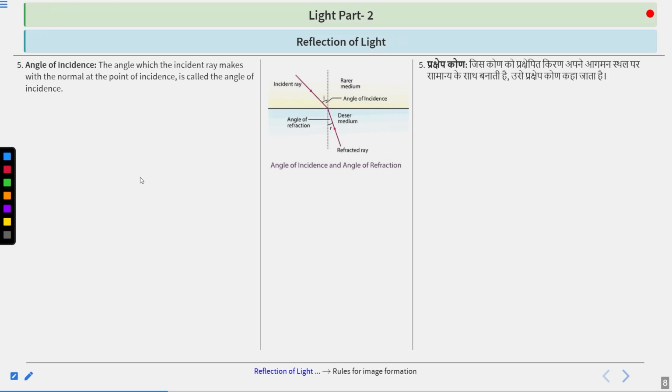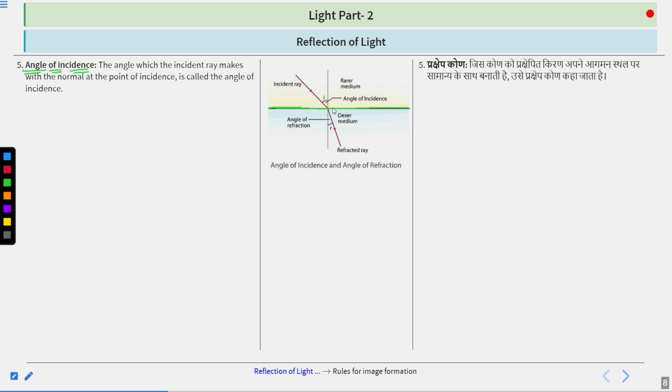Now, another point that is related with this is the angle of incidence. So what is the angle of incidence? Let's understand. The angle which the incident ray makes with the normal at the point of incidence is called the angle of incidence. For example, here you can see this is the reflecting surface.